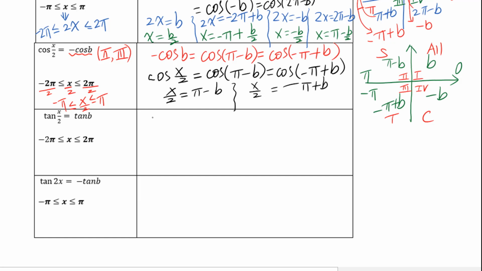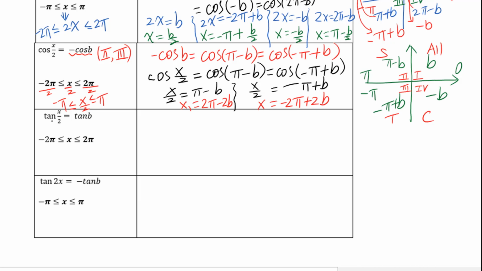Then we multiply by 2 both sides to get x. Your x1 equals 2 pi minus 2b. Here, x equals negative 2 pi plus 2b.